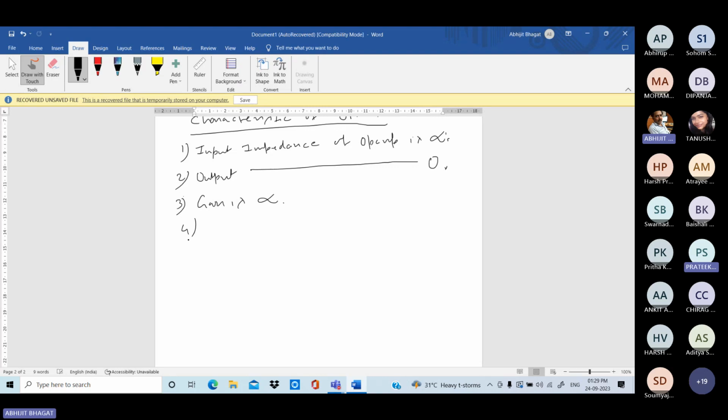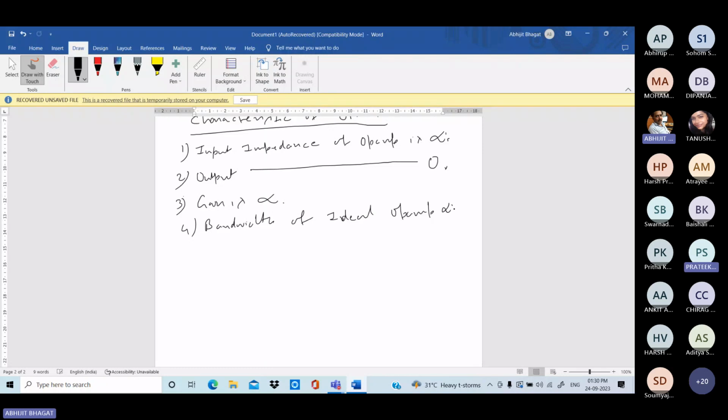Next characteristic is the bandwidth of the ideal OPAMP, which is infinite.